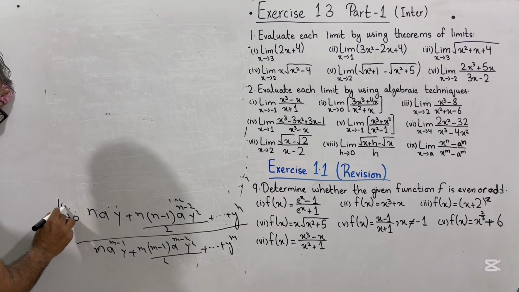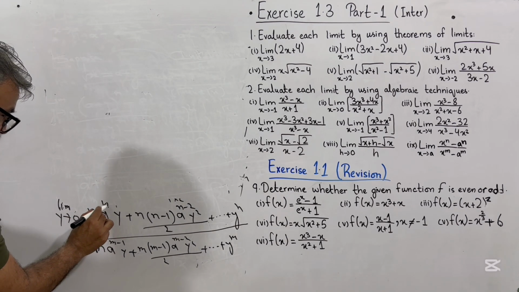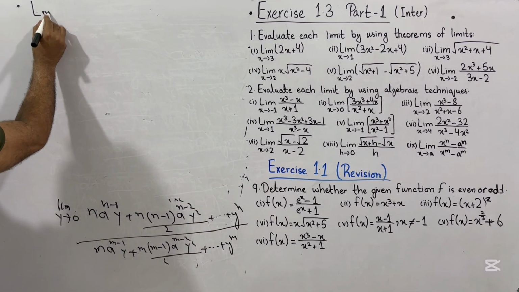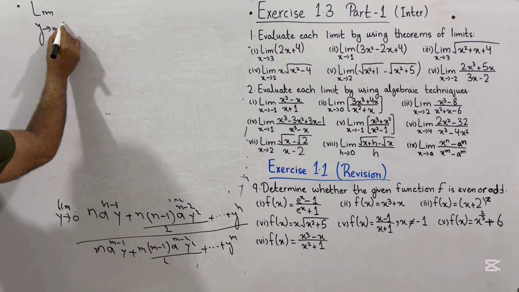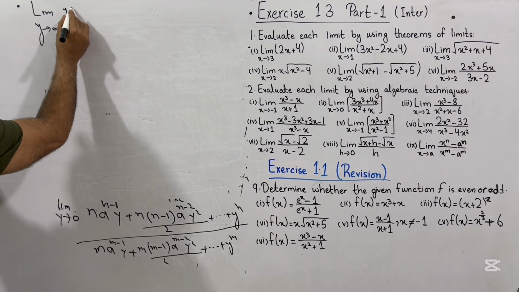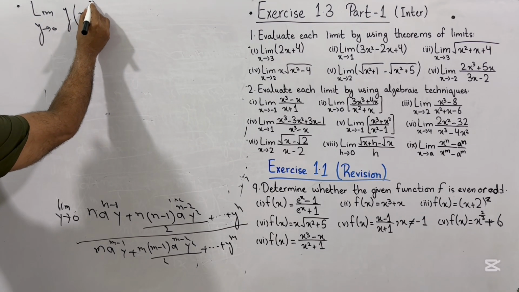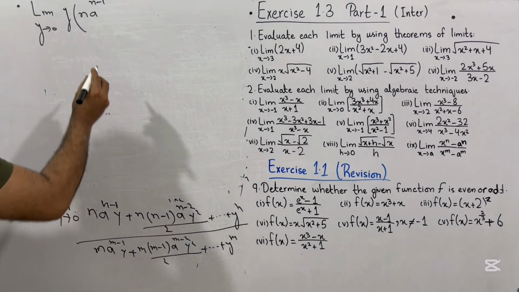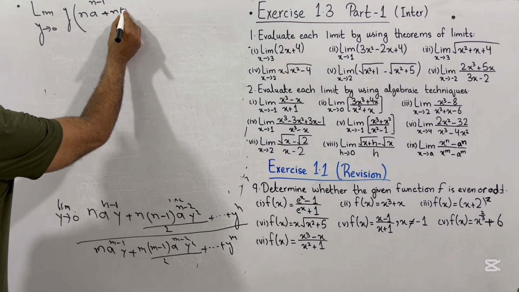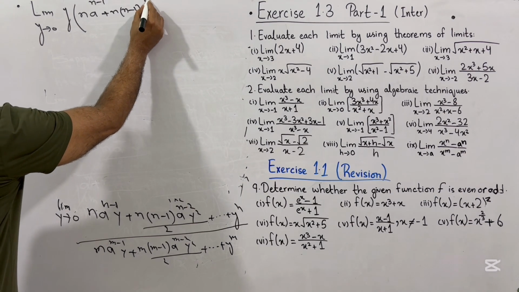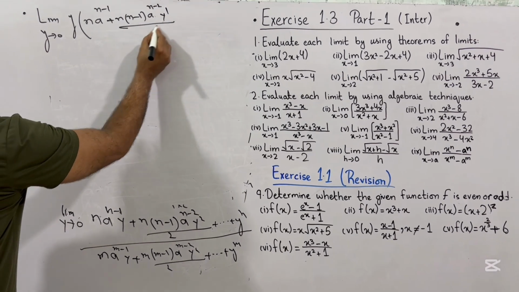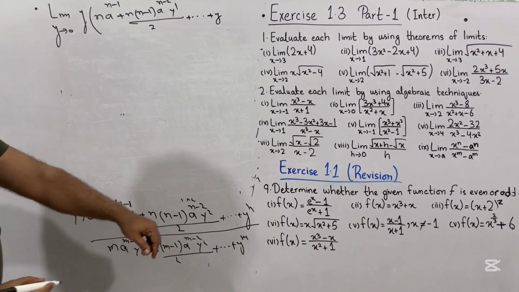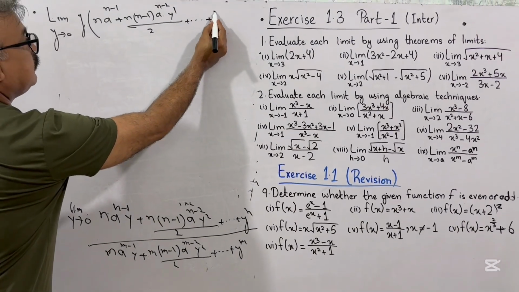Taking y common, limit y tends to 0, we have y common. What we are left with is n a raised n minus 1, plus n times n minus 1 a raised n minus 2 times y, and so on. Y common means y power 1 becomes y power 0, and we subtract the powers, so the last term becomes y raised n minus 1.